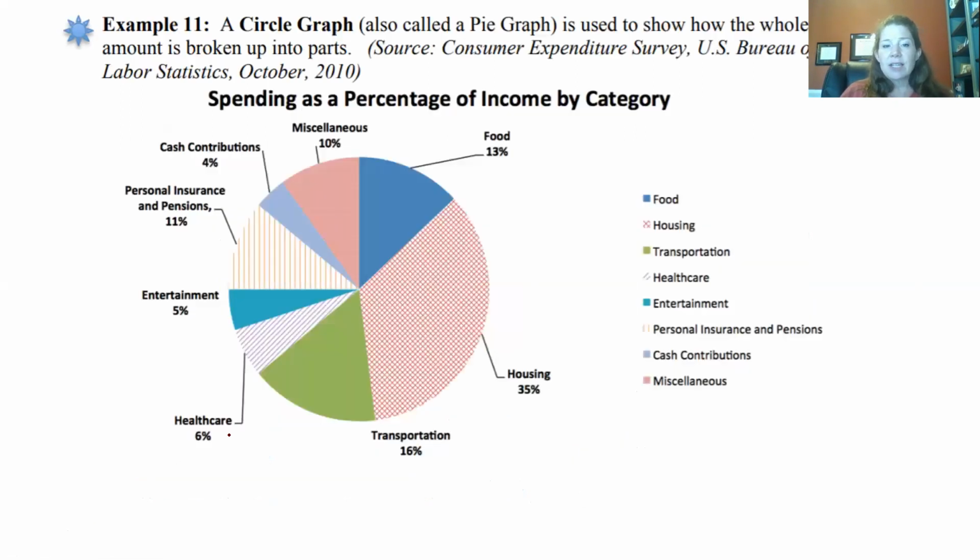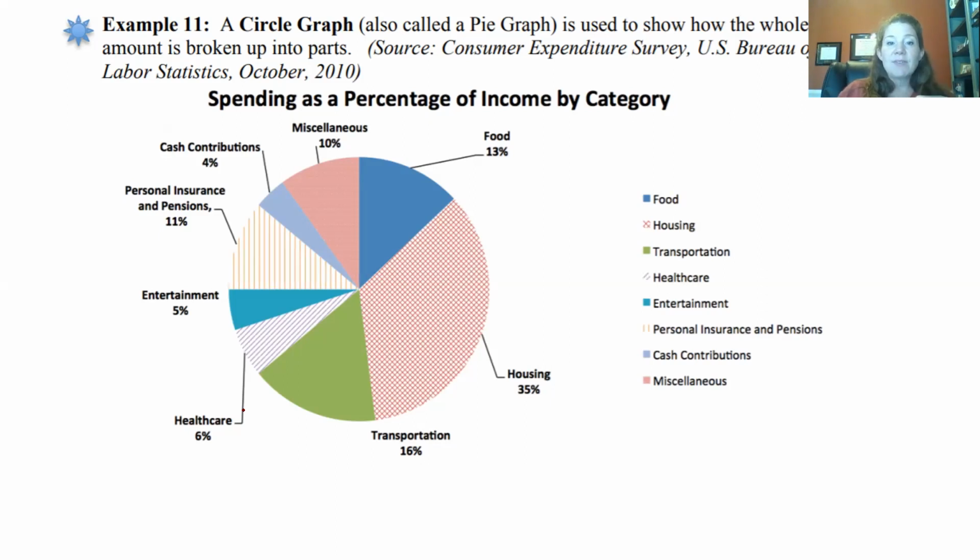All right, here's another kind of graph. This is a circle graph. Some people call it a pie graph or a pie chart. And what it does, so a whole circle or a whole pizza, if you ate the whole pizza, you ate 100% of it. So when you're looking at a pie graph or a circle graph, it's always based off 100%.